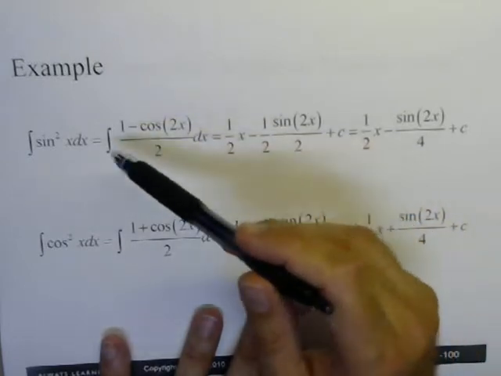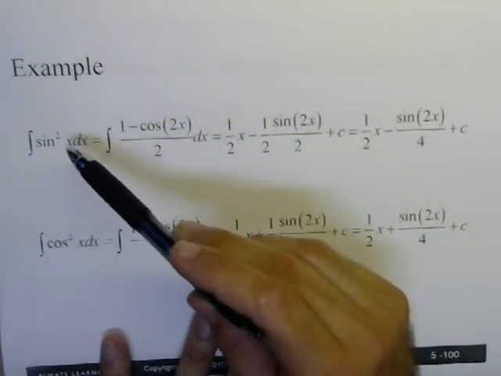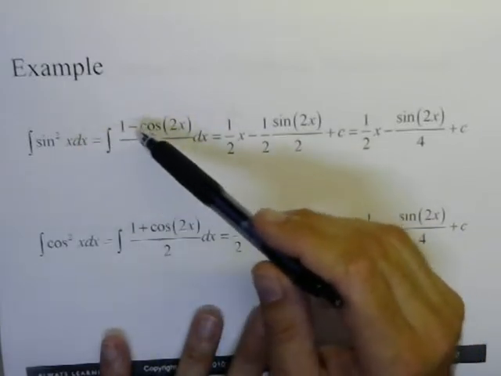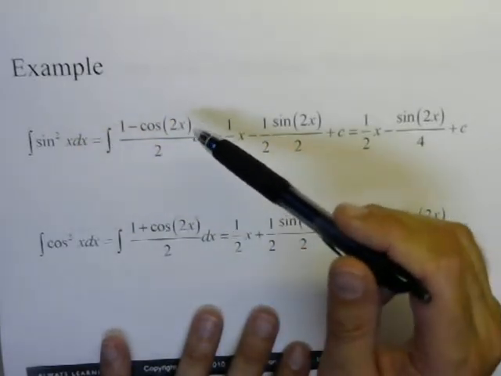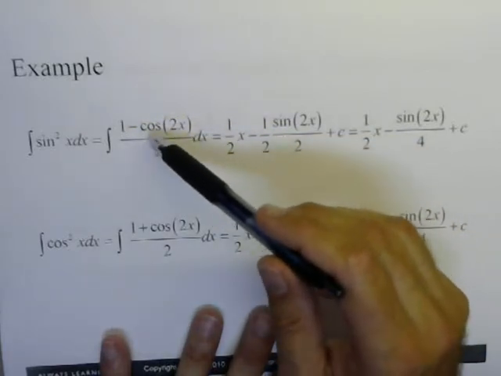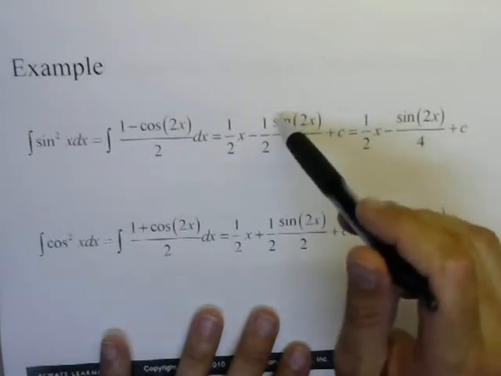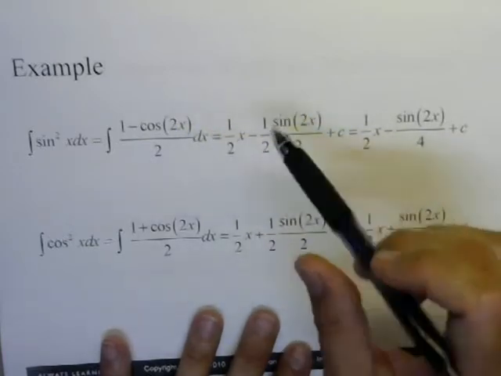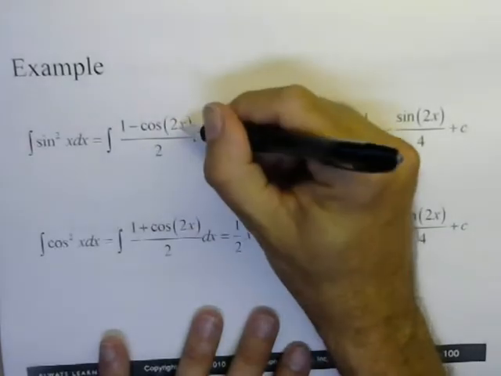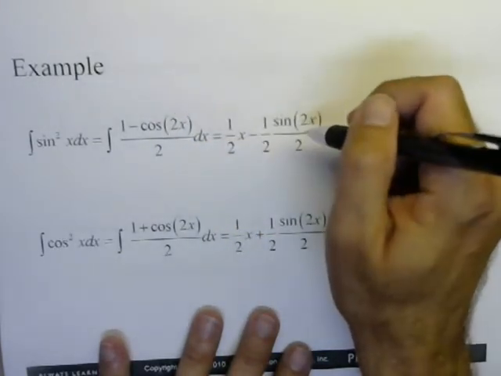In this particular case, you've got sine squared x. If you use the trig substitution for that, just break this up. And then here, when you're integrating this, you technically need to use substitution, because the antiderivative of cosine x is not just sine 2x.